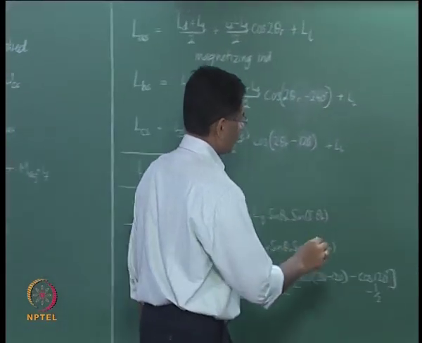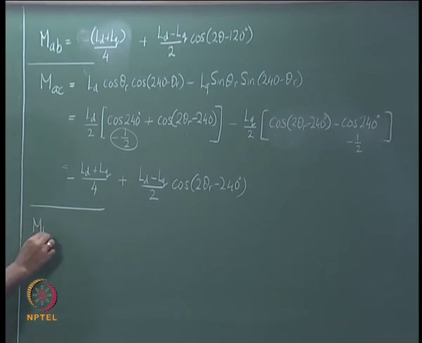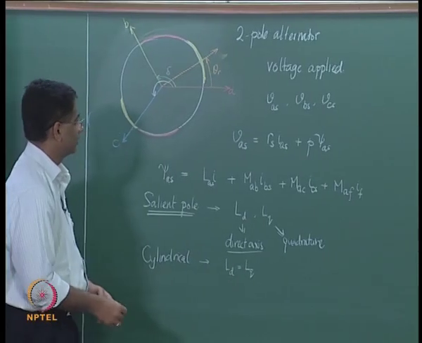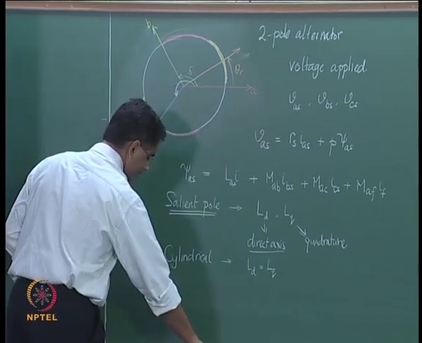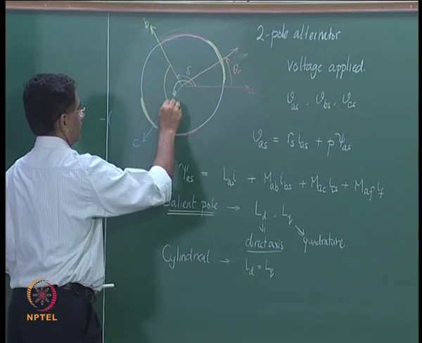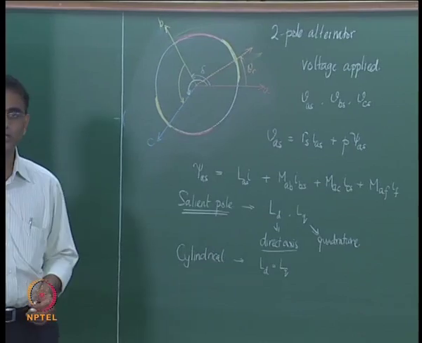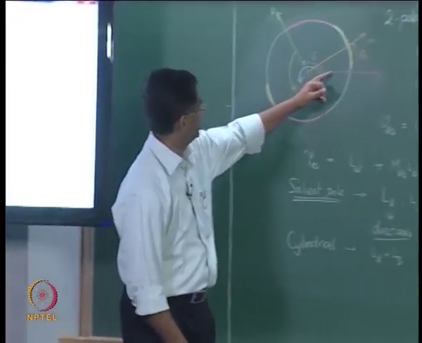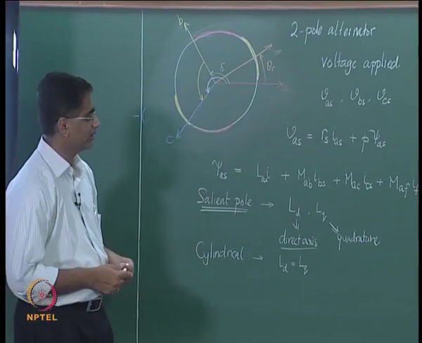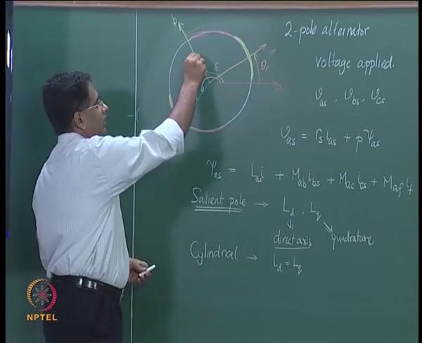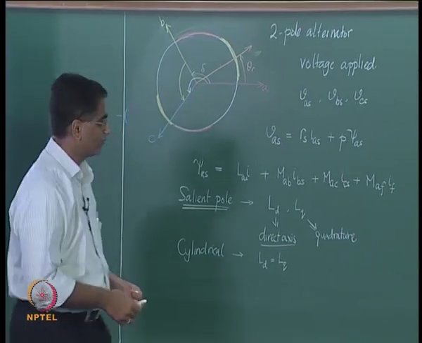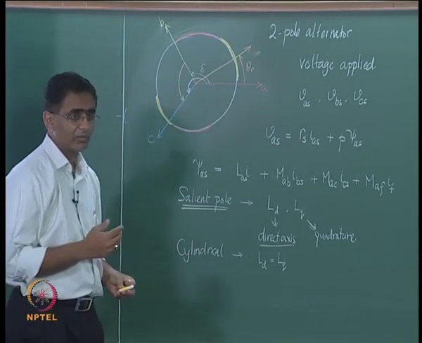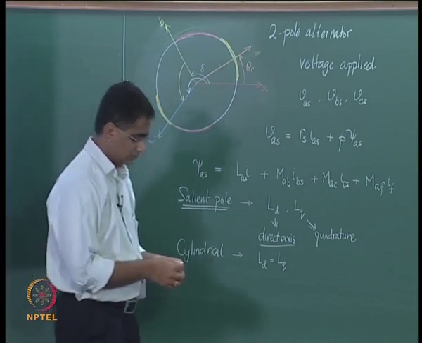The third expression that we need is the mutual inductance between the B and C phases. So how does one determine that? If you now look at this figure, what we need is the inductance between B and C. The angle between B and C is 120 degrees, just like it was between A and B. So delta is 120 degrees, but however the rotor is now lagging behind the B axis by a certain angle, and therefore the angle that we will have to consider is minus of 120 minus theta r.